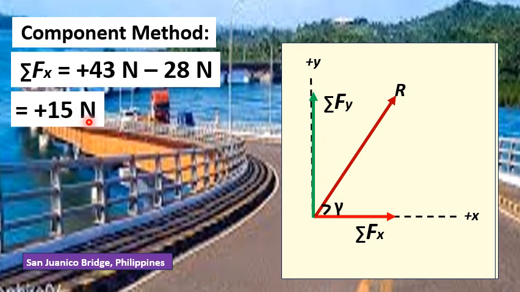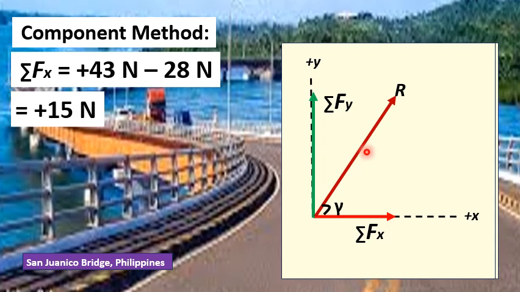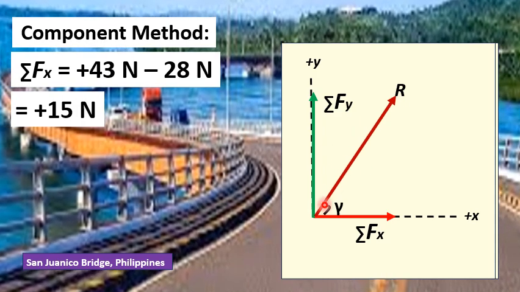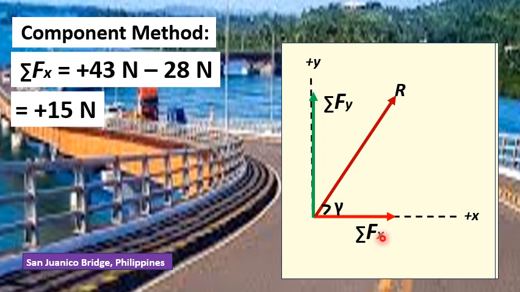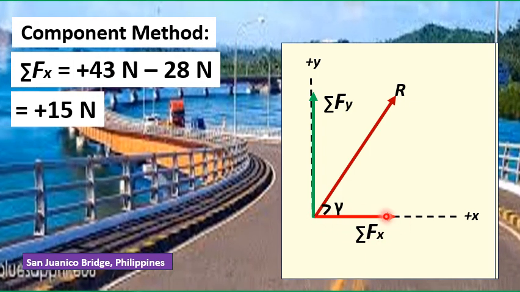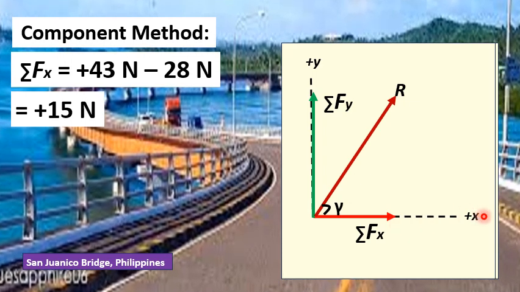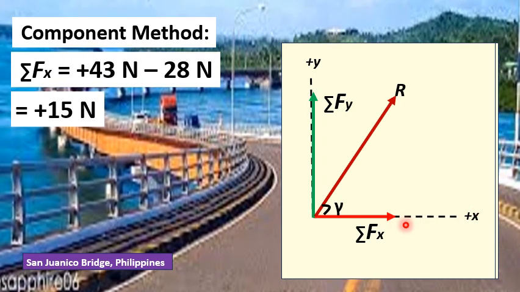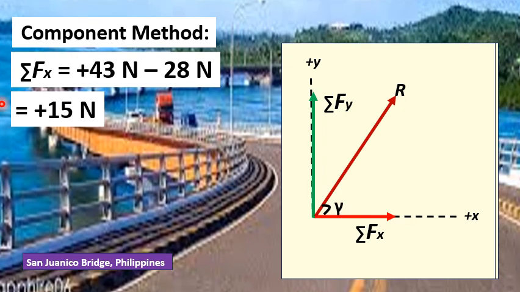And in our vector diagram, this summation of Fx is represented by this red arrow, pointing towards the positive x-axis, because it is positive.